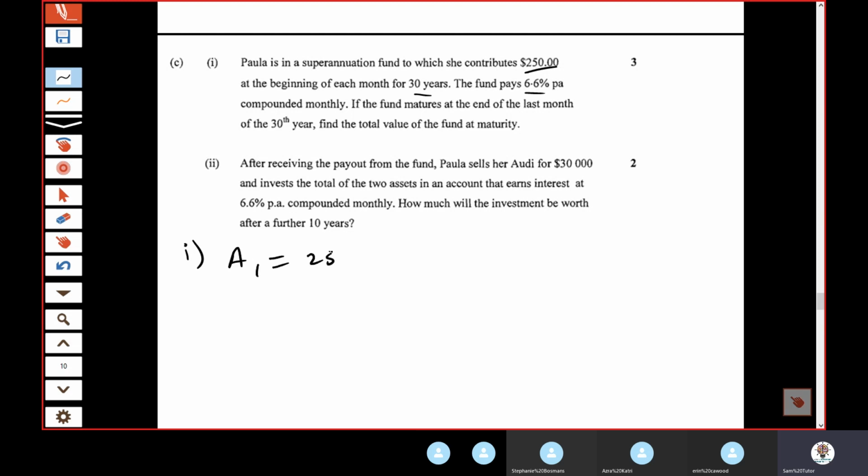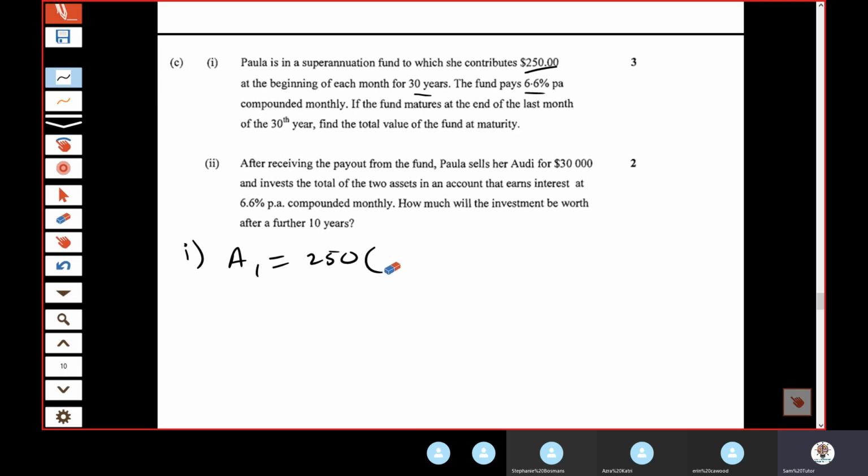So A1 equals 250, 1 plus, can you do 6.6% divided by 12? Give it to me. Plus 1.